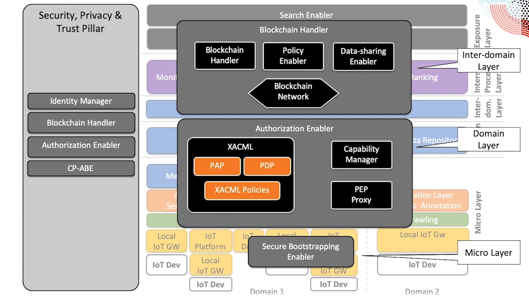This pillar also contains an identity manager responsible for handling the different entities, users, devices, or services, along with their attributes, as well as the authentication operation, and CP-ABE, which stands for Ciphertext Policy Attribute-Based Encryption, an encryption technology for broadcasting information in the shared media in a secure and privacy-preserving manner.